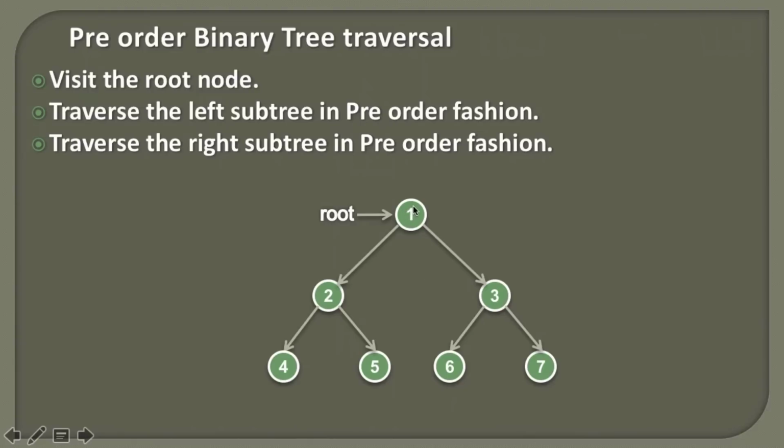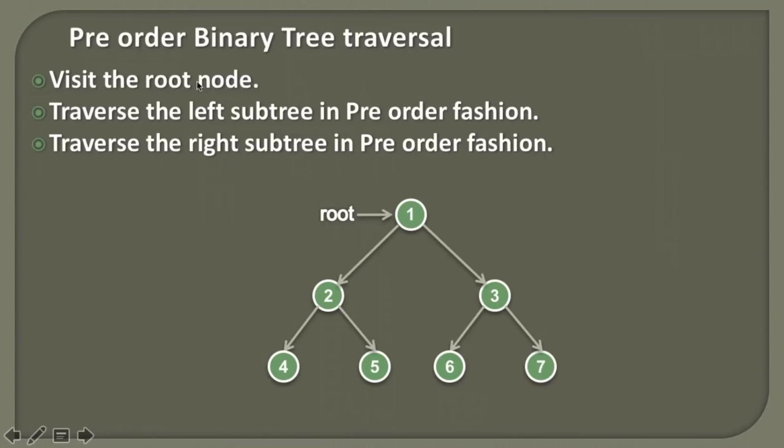Once we process this node, we first go to its left subtree, and there we encounter a node having data as 2. On this node, we again apply these 3 steps: we visit this node, and then we visit its left subtree, and then we visit its right subtree. After we process the node having data as 2, we go to its left subtree, and we encounter a node having data as 4.